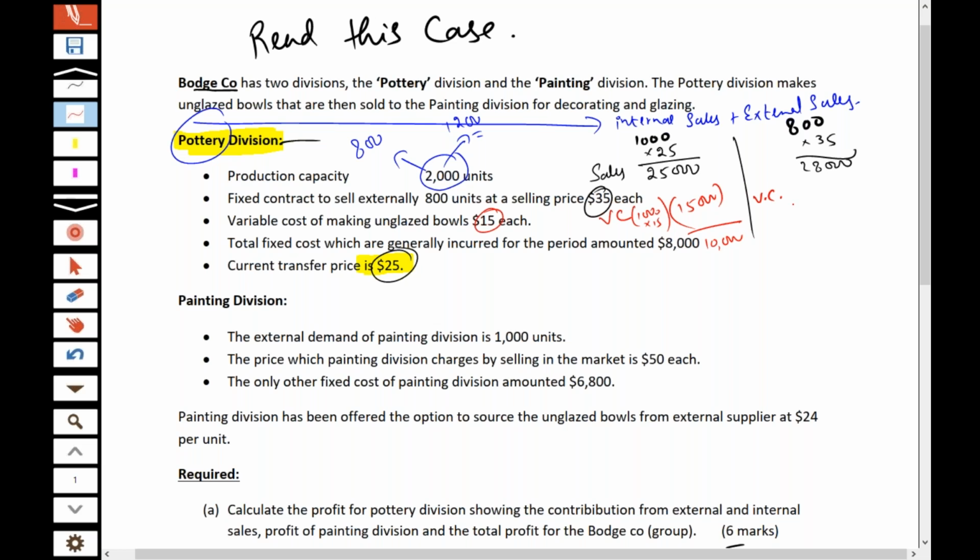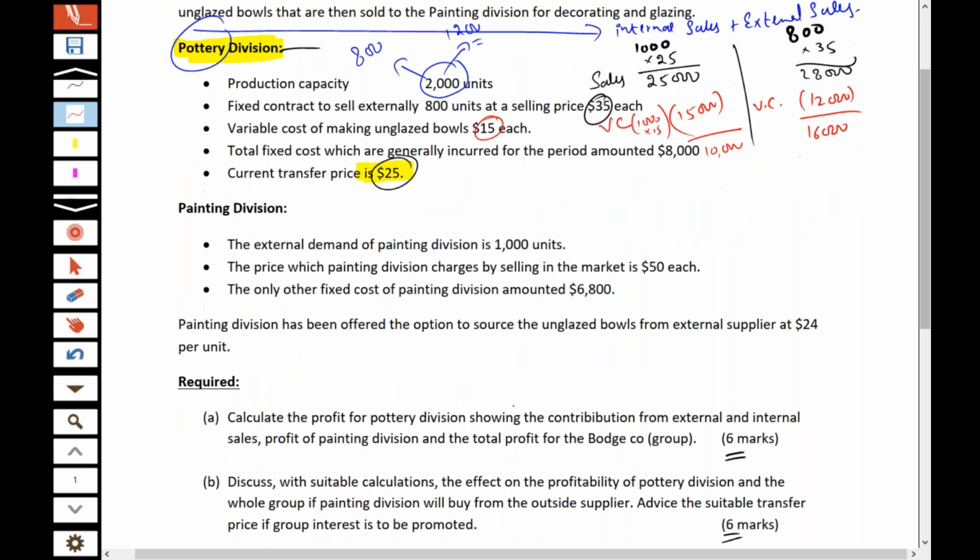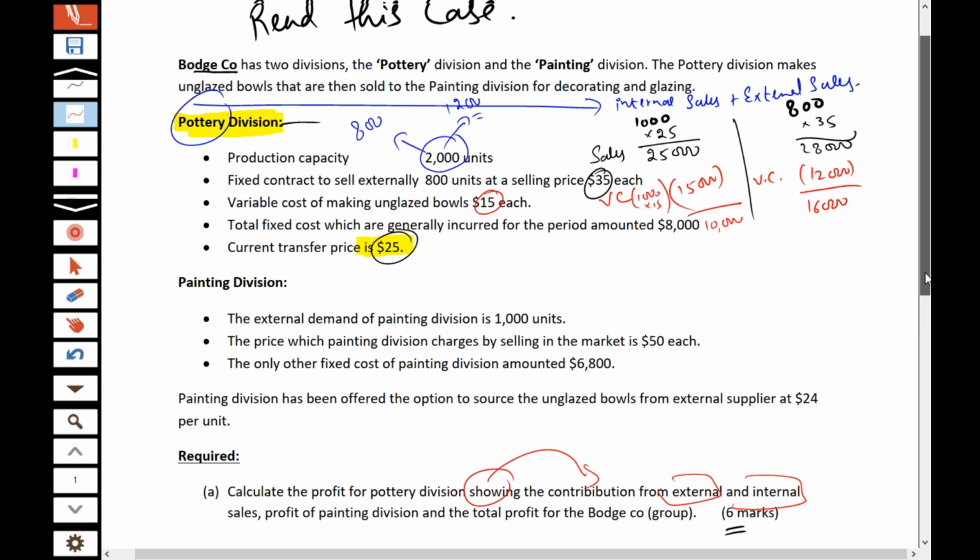And here variable cost 800 multiplied by 15, that becomes 12,000. 28 minus 12, that is 16,000. Okay, this is the contribution because the question asked me showing the contribution from external and internal sales. I showed them the contribution.